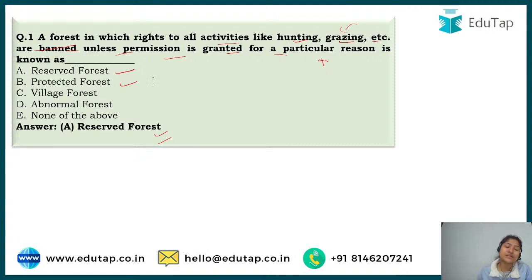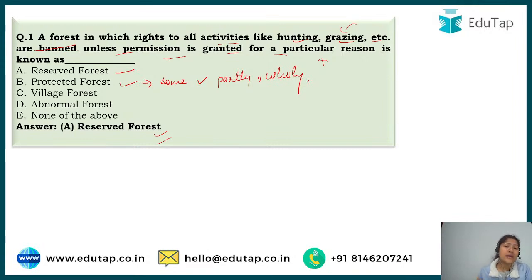These are basically such forests wherein some of the communities are permitted to utilize the forest partially or wholly. So what does it mean? Some of the communities live around the forest areas, right? They need resources from the forest for different activities, because if a community is living near the forest area, there would not be much technology available.